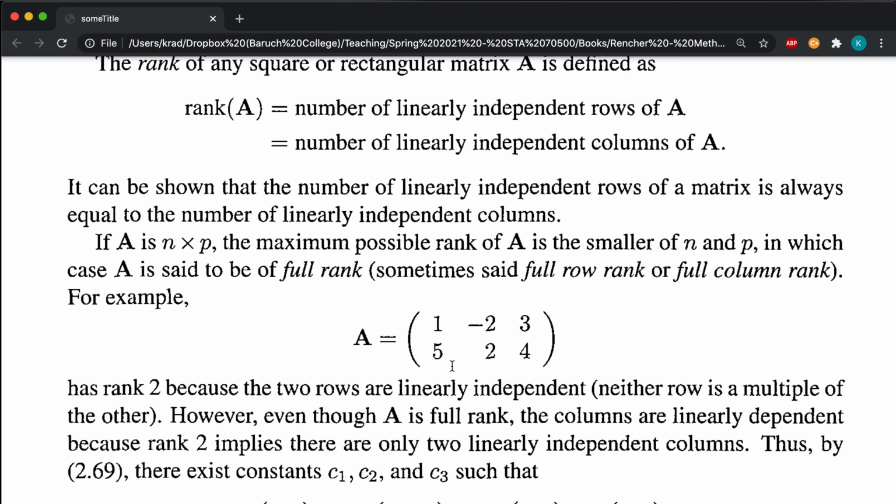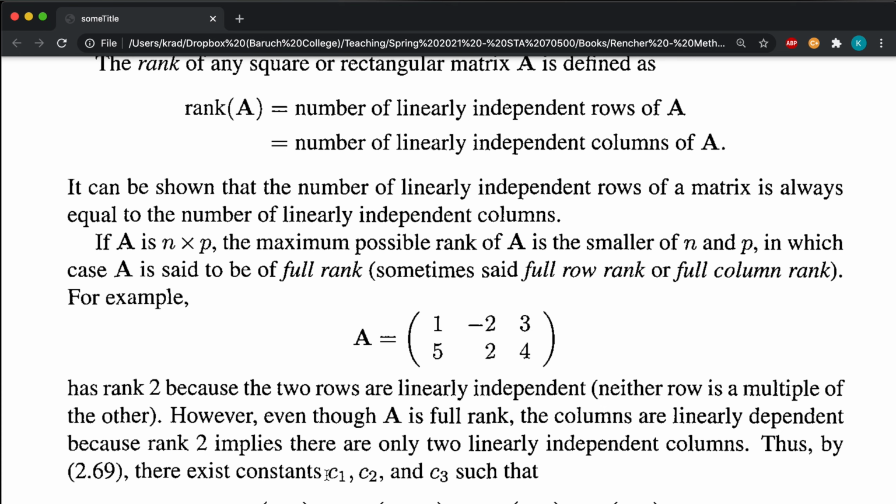So A is full rank with rank 2, but the columns are linearly dependent. We have these 3 columns. When we say the rank is 2, that means that yes, we have 3 columns, but these 3 columns are not linearly independent. They cannot be, because the rank is 2. And why is that the case?